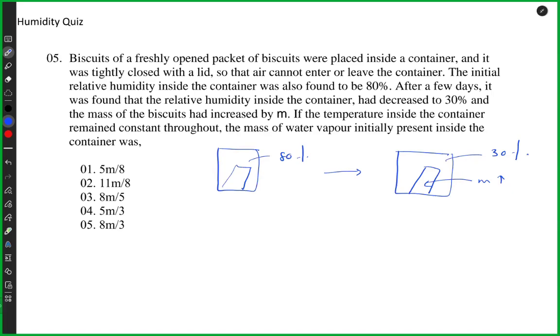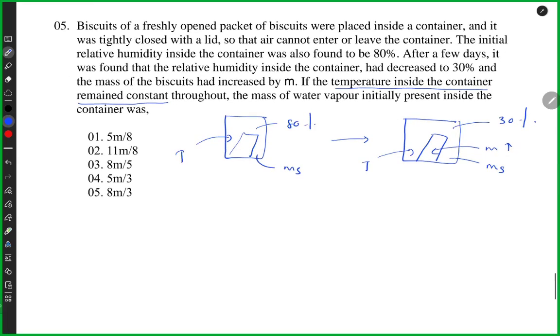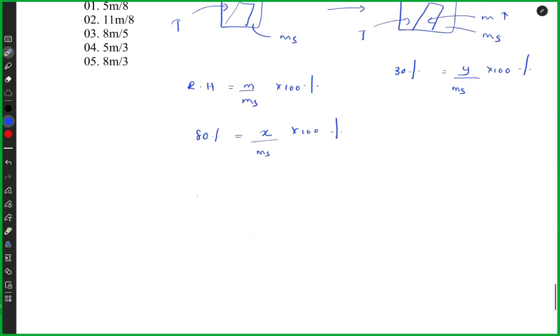Now, what you need to understand is, if the temperature inside the container remains constant, the mass needed to saturate that volume is going to be the same. So relative humidity equals mass available divided by mass to saturate, multiplied by 100%.